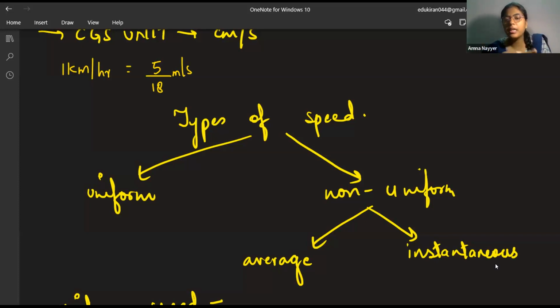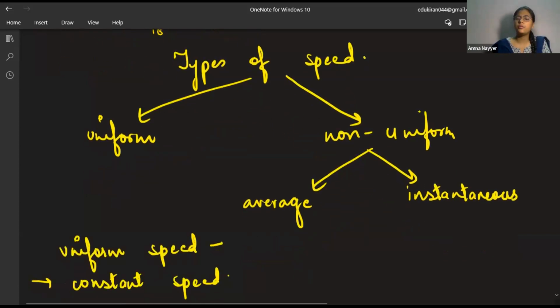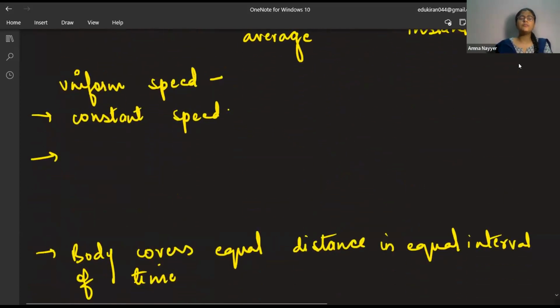So types of speed are 2 types: uniform, non-uniform. Let me discuss uniform speed first. Uniform speed basically means when the body is covering equal distance in equal intervals of time.